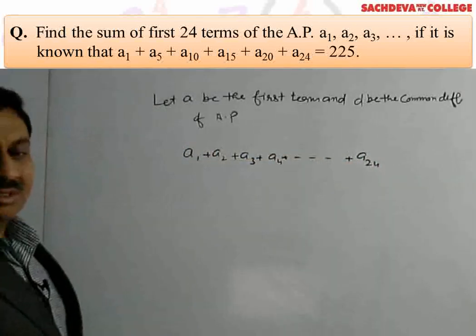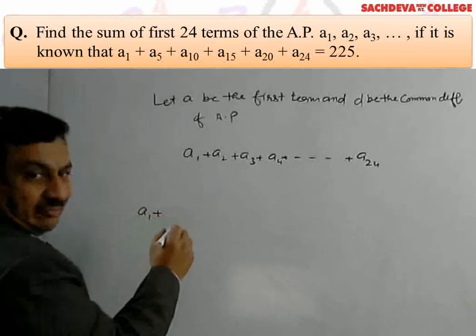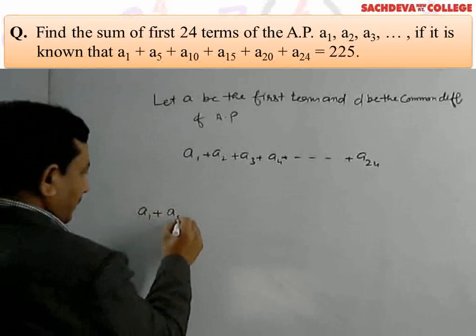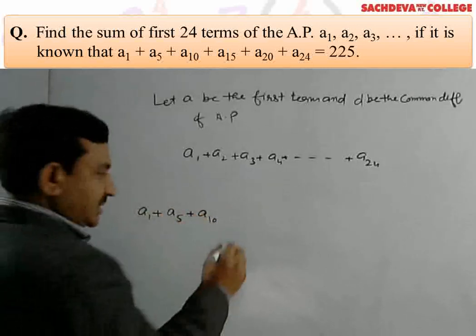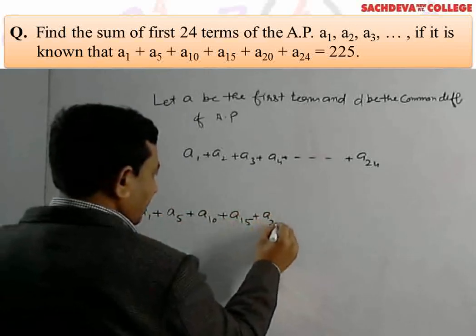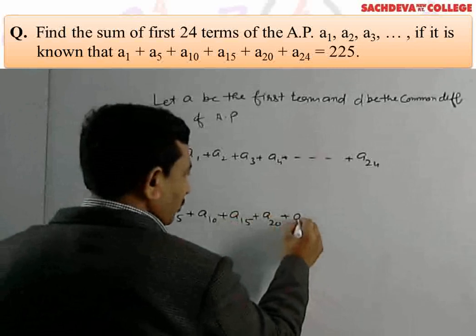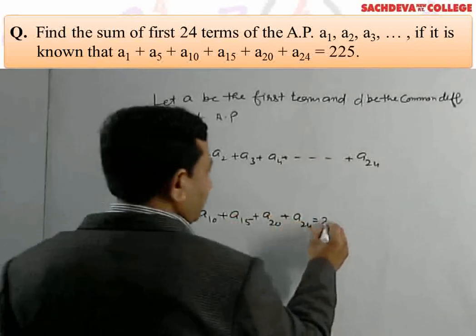But given that A1 plus A5 plus A10 plus A15 plus A20 plus A24 is equals to 225.